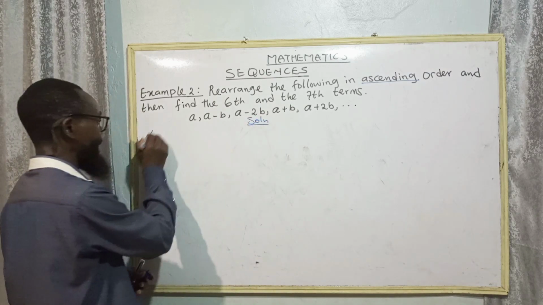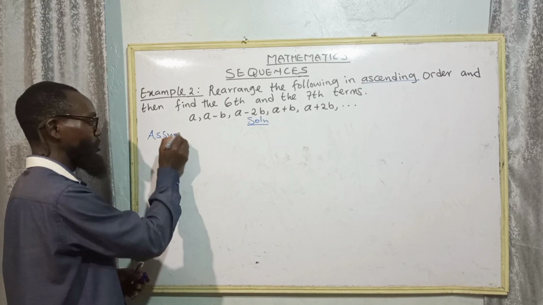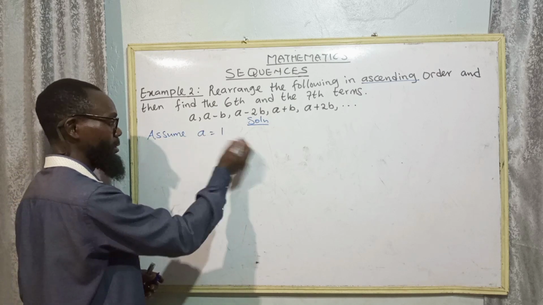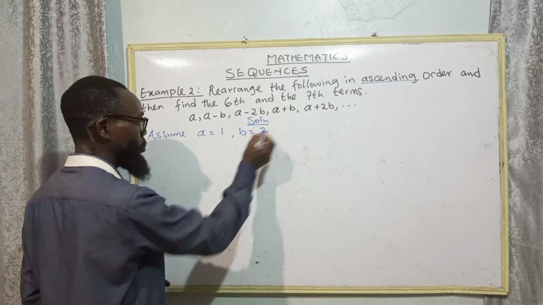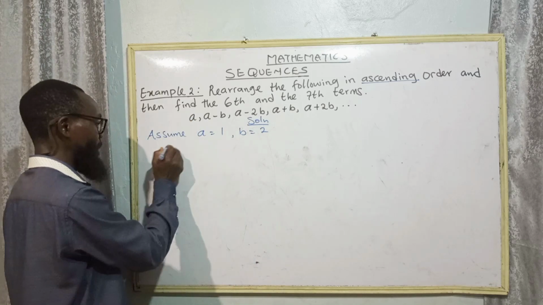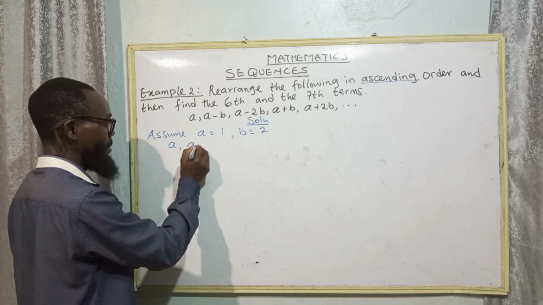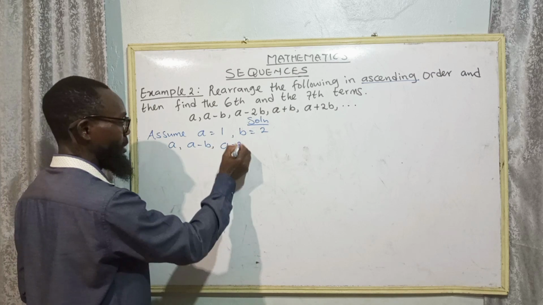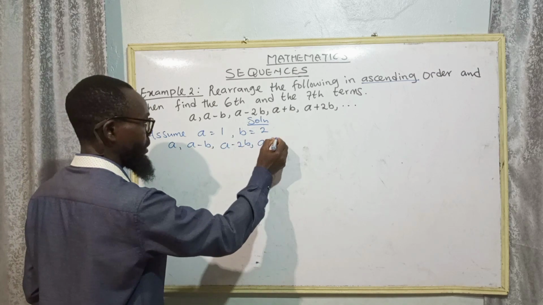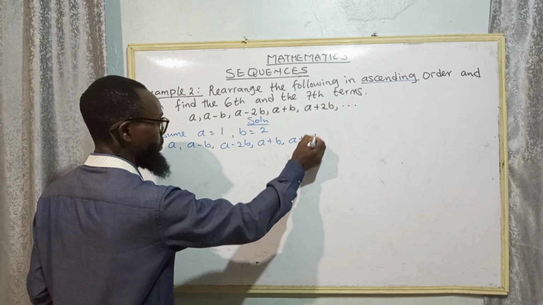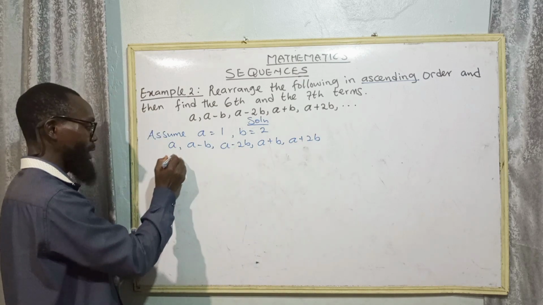That is, let's assume our A equals 1 and our B equals 2. Now, from this one, we have A, A minus B, A minus 2B, A plus B, and A plus 2B. Fine. Our A is 1.